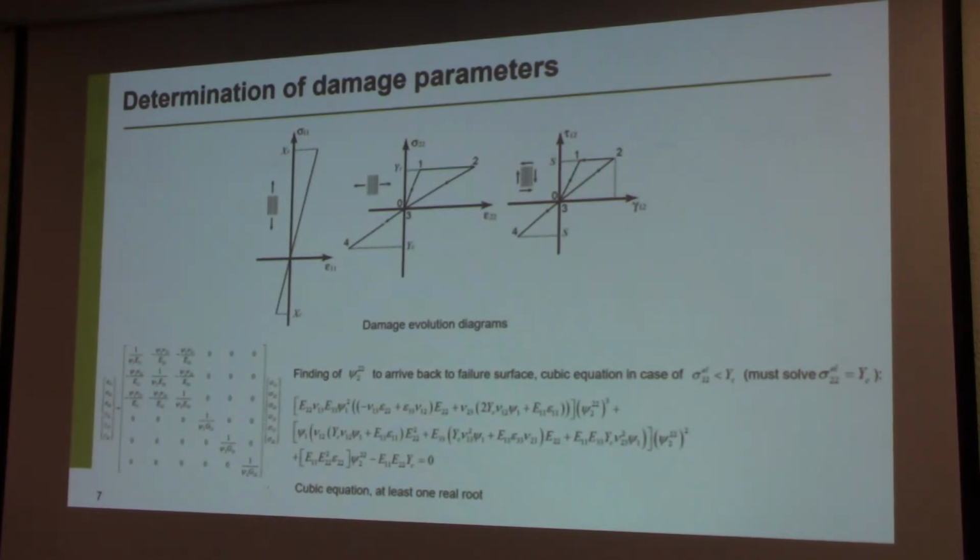The only problem is to find damage parameters corresponding to load in transversal direction. After some transformation, we have a cubic equation for the damage parameters. This cubic equation always has at least one real root.